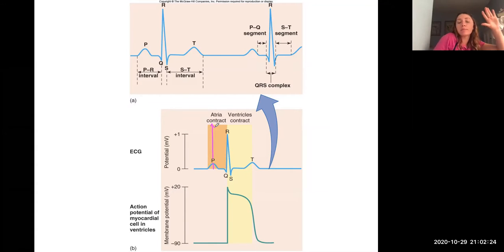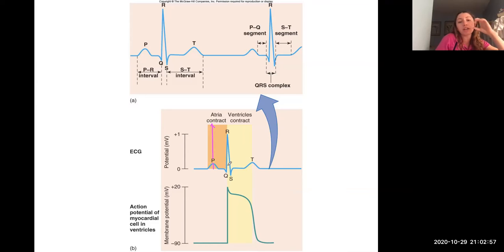You have to allow milliseconds for the nodal cells to spread the action potential via gap junctions to the contractile cells, and they release calcium, the calcium goes into the cell, and that allows the muscles to contract. So it takes milliseconds to start that, and you have to allow for it to happen before you can say that it's contracting.